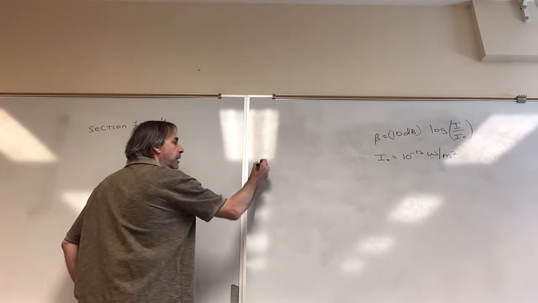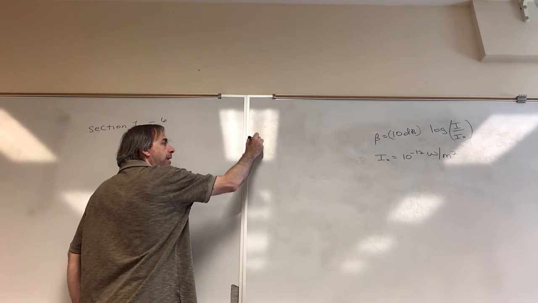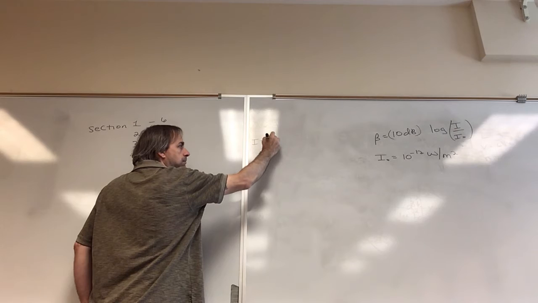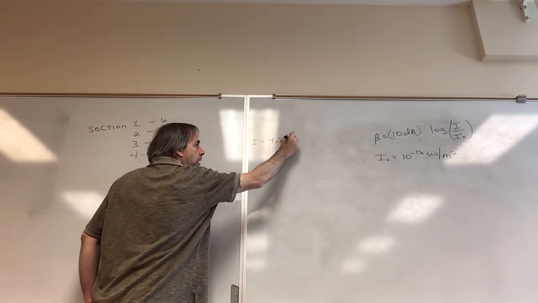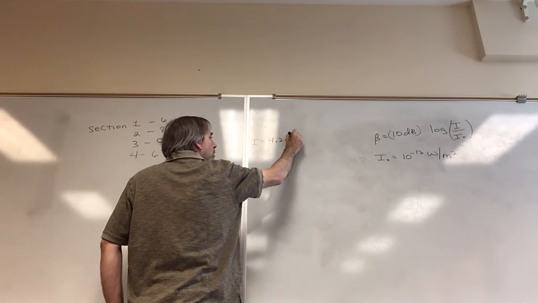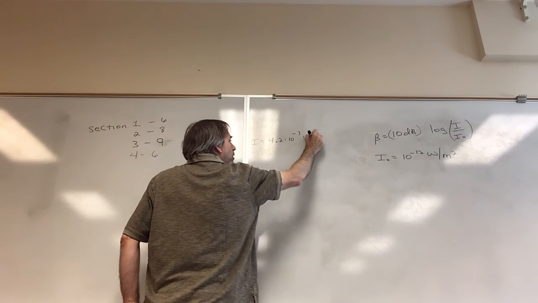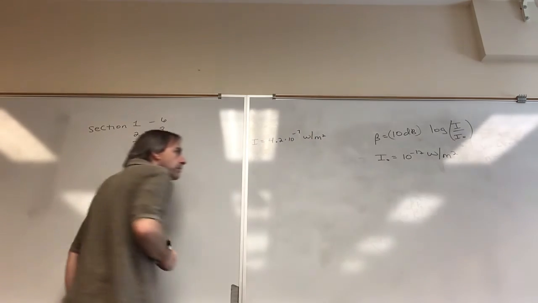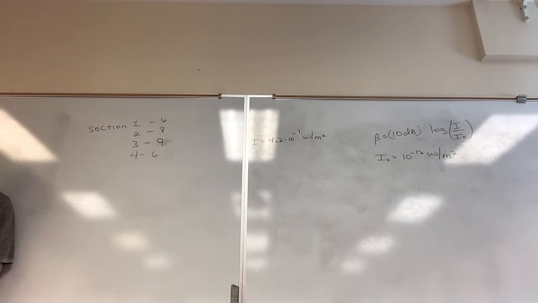Let's say we have an intensity of 4.2 times 10 to the minus 7 watts per meter squared. So what is the intensity level? And again, I highly recommend doing this algebraically.